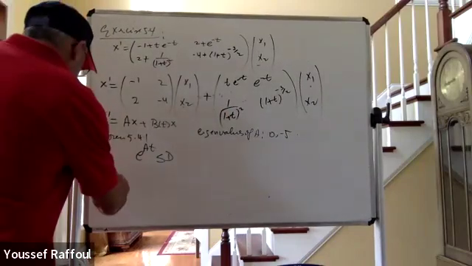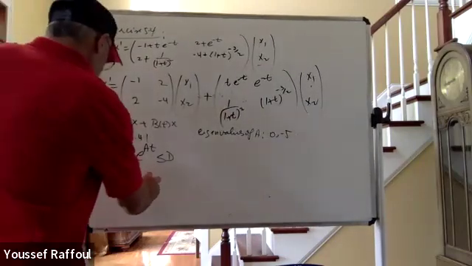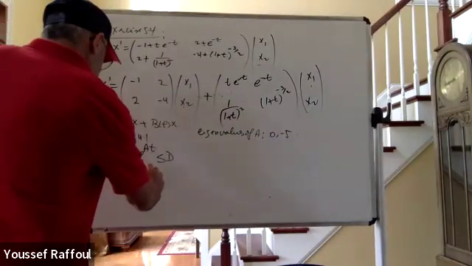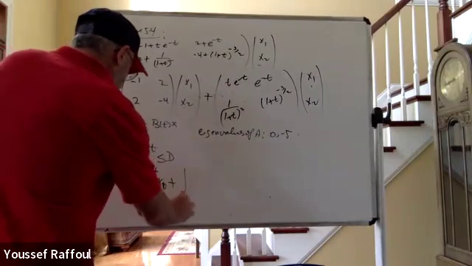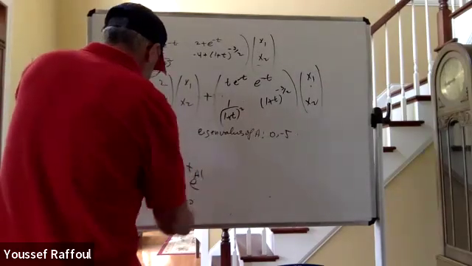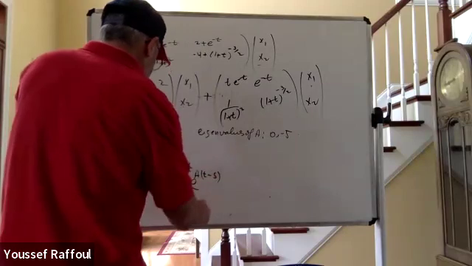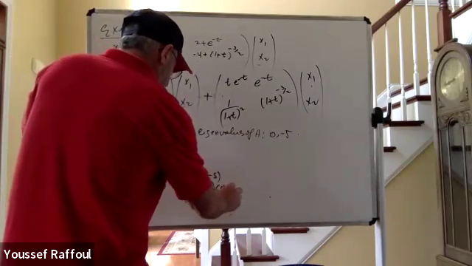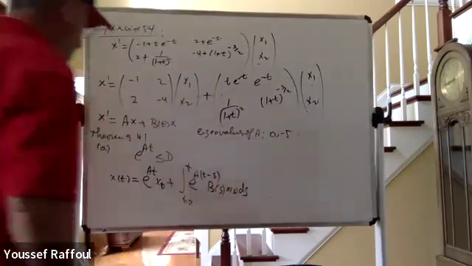So then what is the solution x of t? x of t equal e to the A(t) times x0, let's assume we have x0 equals 0, equal e to the At x0 plus the integral from t0 to t of e to the A(t minus s) B(s) x(s) ds.